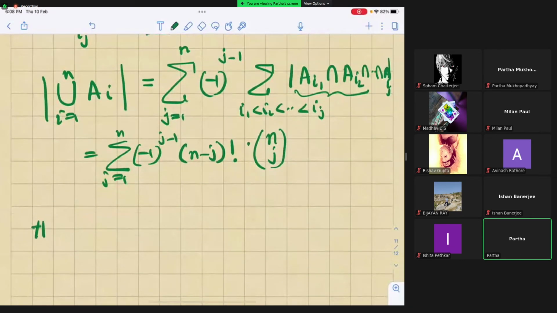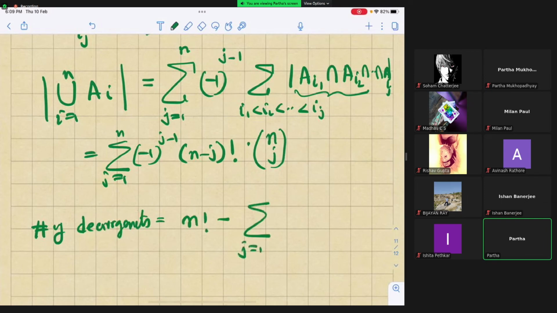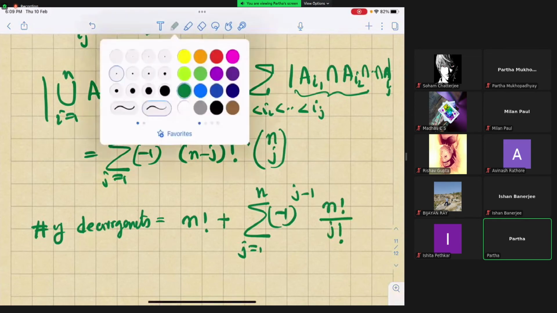So my number of derangements is n factorial minus this number. N minus j factorial will get cancelled, so it will be n factorial by j factorial. Now, since I have a minus one here, I will make it plus.